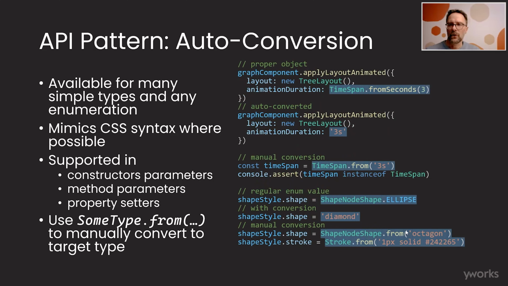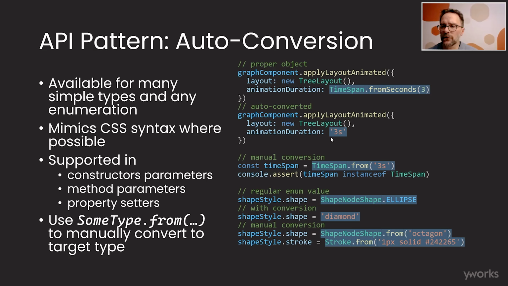A few more words on auto-conversion, with some examples to show that this is actually useful. For example, we have the option to specify a time span, which is the duration, in this case for a layout animation. This is actually an object because it's not just a number, because then you don't know whether it's seconds or milliseconds, and you can't do arithmetic easily on it or do comparisons. So this is an object, but it's more convenient to just write the string 3s, 3 seconds, than doing the TimeSpan.fromSeconds over here.